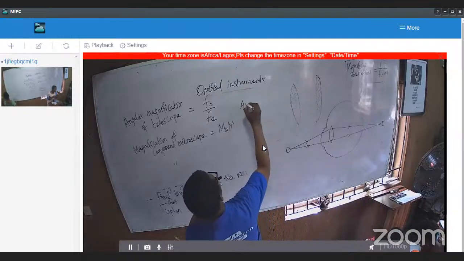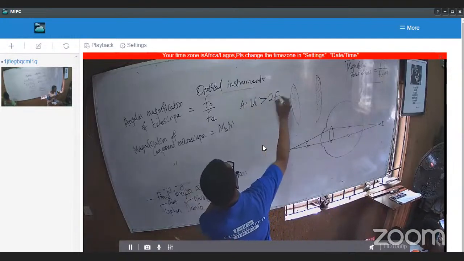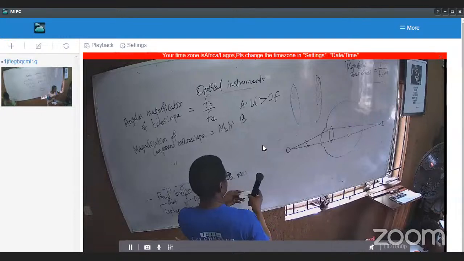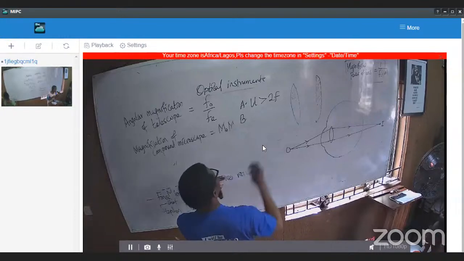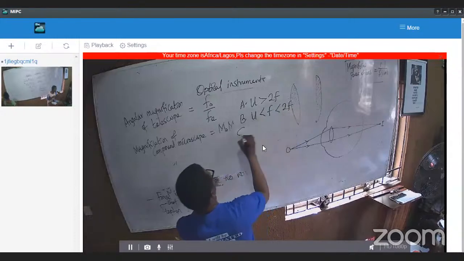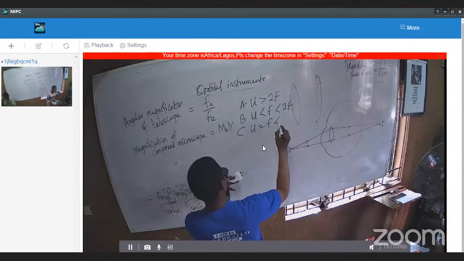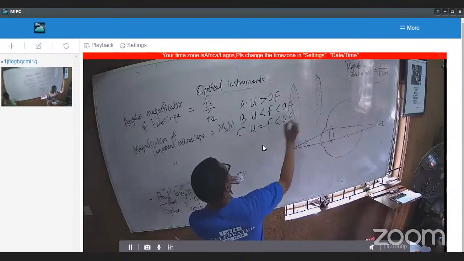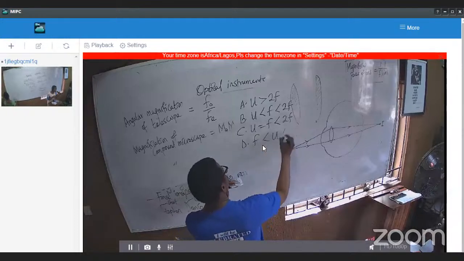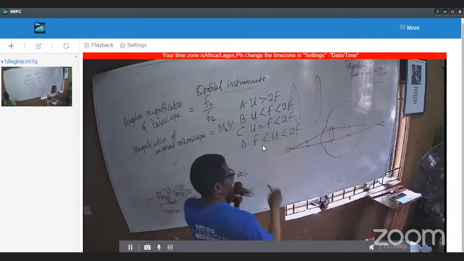Option A, U greater than 2F. Option B, U less than F, less than 2F. Option C, U equals F, less than 2F. Option D, F is less than U, less than 2F.